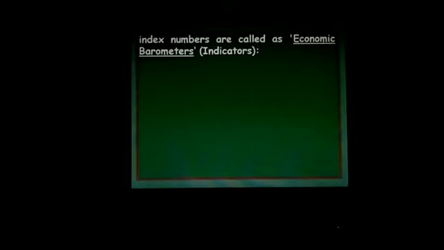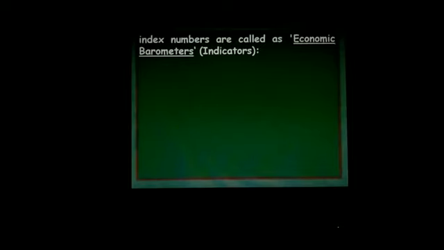In that way, most of the time comparisons happen based on price. Once it is price, don't you think it is related to economics? Yes, economics is nothing but related to price. That's why index numbers are called indicators or barometers of economic conditions.